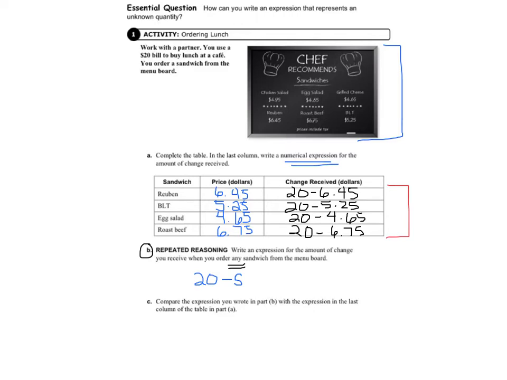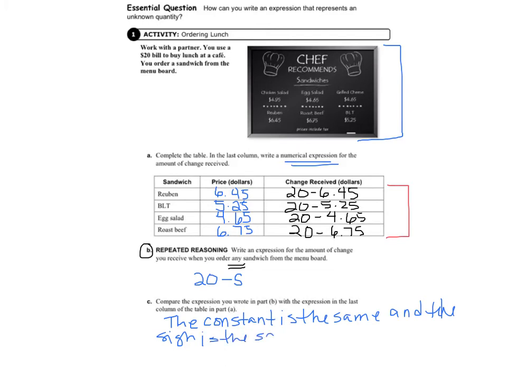And so we can say that the 20, which we now know is called a constant, so the constant is the same and the sign is the same, but we added a variable to represent the price of the sandwich.